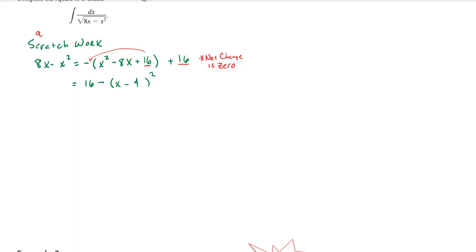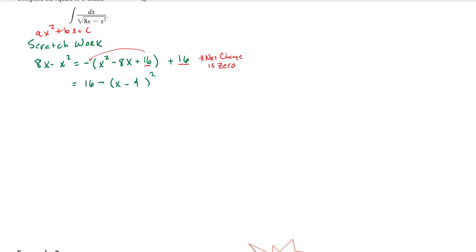Remember, we have ax squared plus bx plus c. Those are the a, b, and c that I'm referring to. So half of b would be -4, square -4, and you get a 16. But because that 16 was multiplied by a -1, to counteract that net gain of -16 to this first expression, I have to add a +16 so that the net change to this expression is 0.